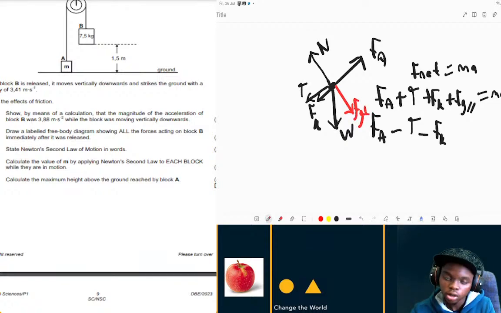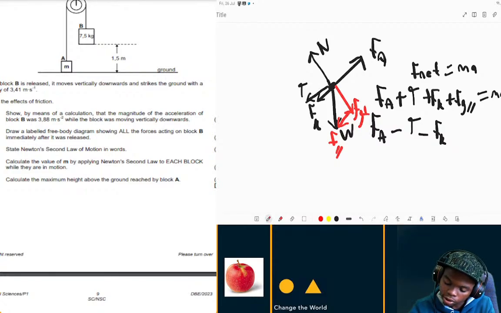In terms of knowing whether your Fg parallel goes downwards or upwards, this is how I do it. After I draw the weight first, I know the space that will be left, the one perpendicular to the surface, which will be the same as the normal force. I start with the Fg perpendicular, and the space left to connect these two will be my Fg parallel. So I already know that my Fg parallel will go this way. That's how I do it.